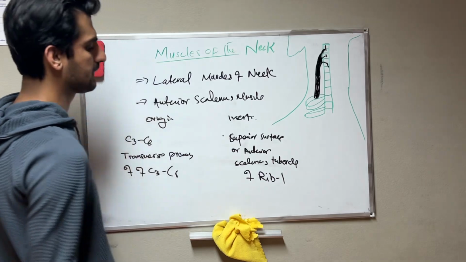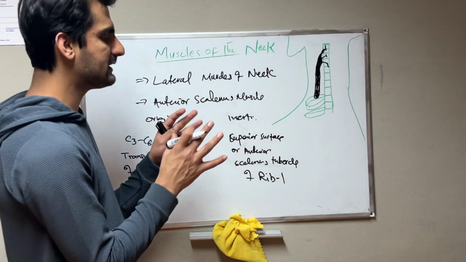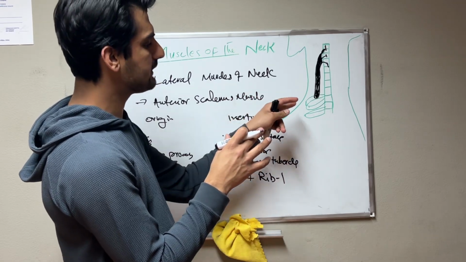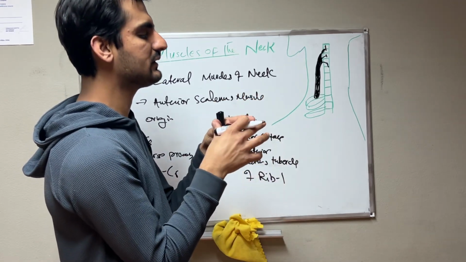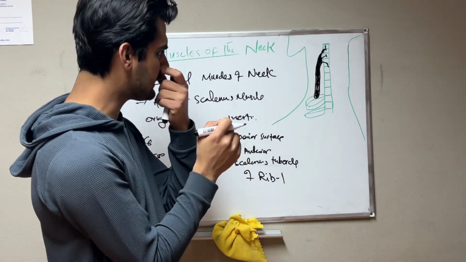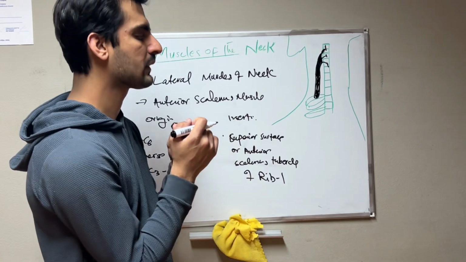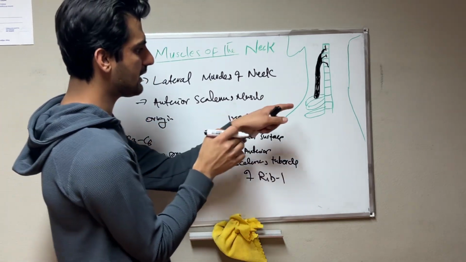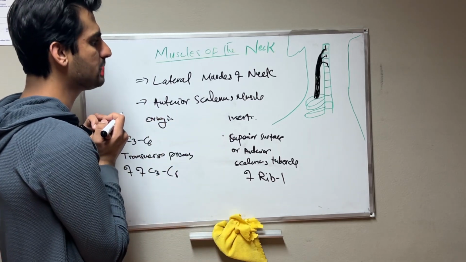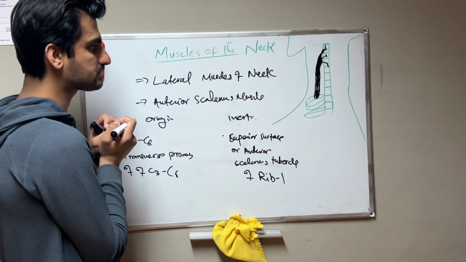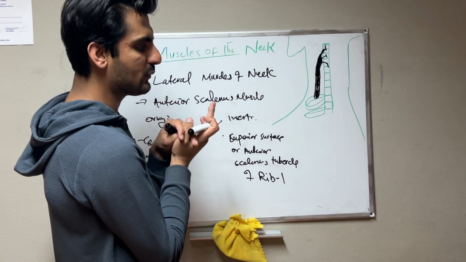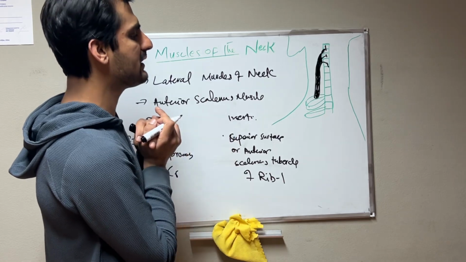If you remember when we discussed osteology and studied the ribs, I told you the first rib is in a horizontal plane and the other ribs are in a sagittal plane. The superior surface is more flat, and here we have the groove for the subclavian vein and subclavian artery, and between them the anterior tubercle.